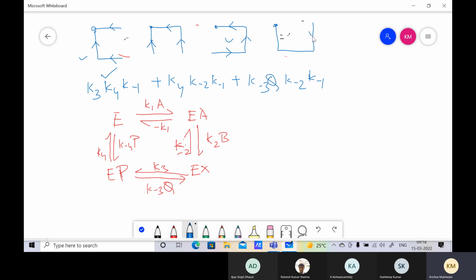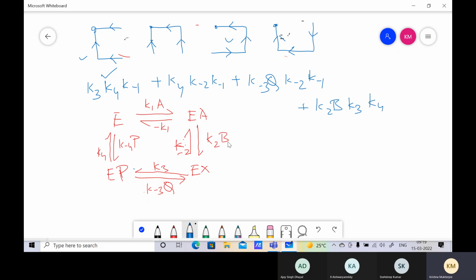What about this one here? This into this into this. Right? So this plus this reaction here, K2B. Okay. Then K3. And then this reaction K4.